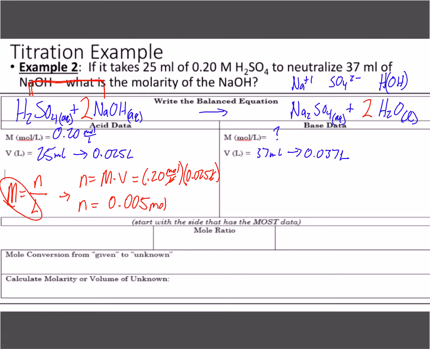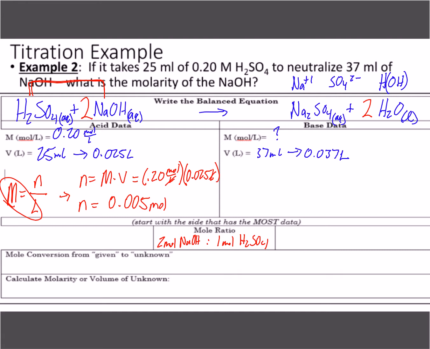In this box for mole ratio, I want to see you write it out: 2 moles of NaOH for every 1 mole of H2SO4. Put your substances with it so that it doesn't confuse you. Which one is on the top of the fraction and which is on the bottom will be determined by what you're starting with, when we get to stoichiometry. So now it's just going from given to unknown.